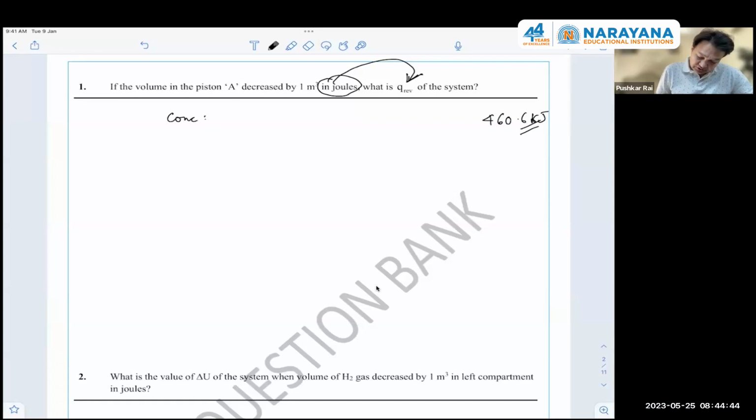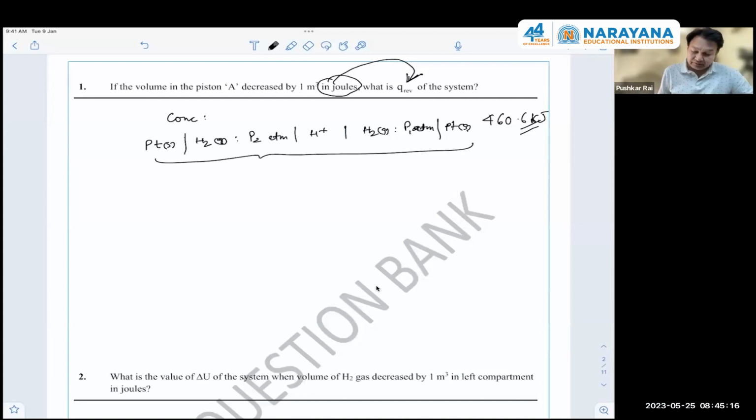In this concentration cell, suppose there is a platinum electrode and H2 gas at certain pressure, say P2 ATM, and then H plus in the middle chamber, and then we have H2 gas with P1 ATM or bar, and platinum solid. So basically the question is about a concentration cell.